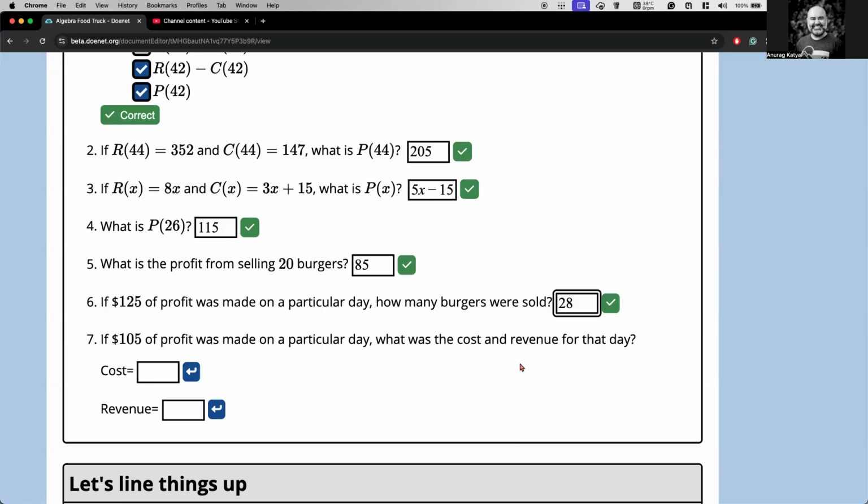Where the 28 comes from. Wait, what? No, that question's over. We're not talking about 28 anymore. Okay, someone solve this equation for x. Plug 105 into the profit or replace P of x with 105.